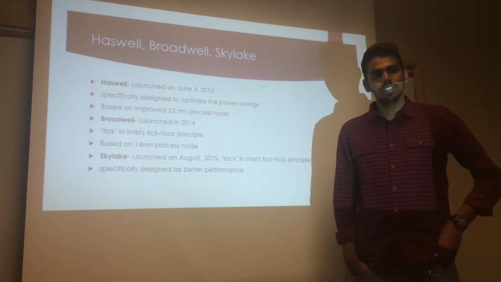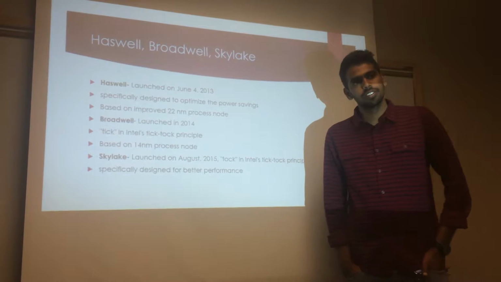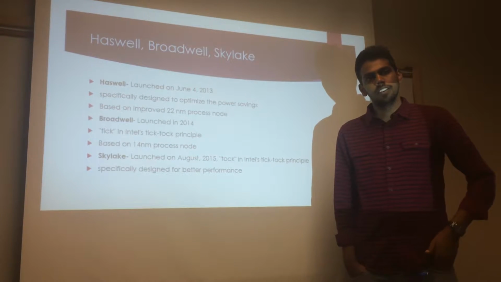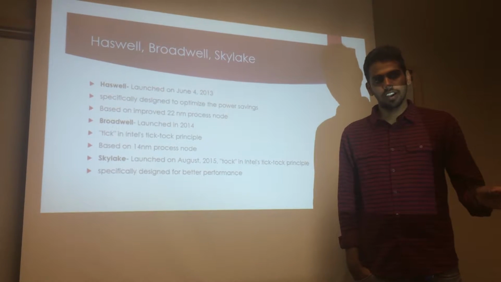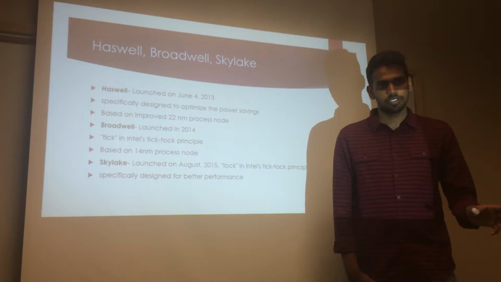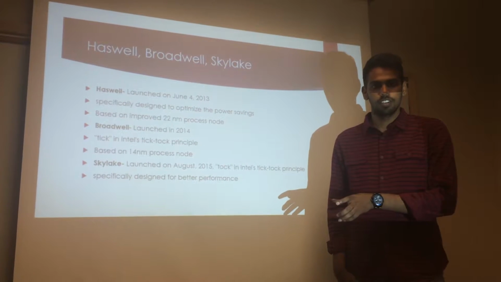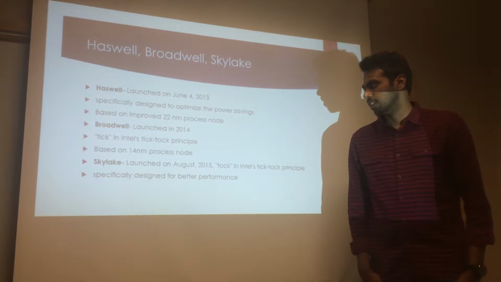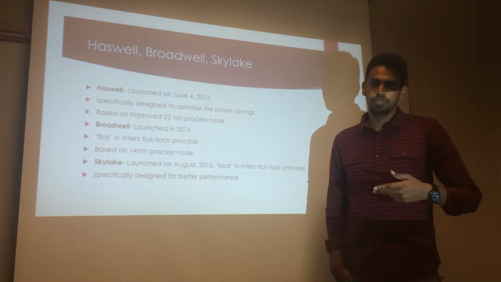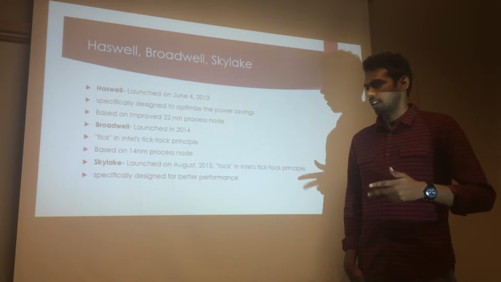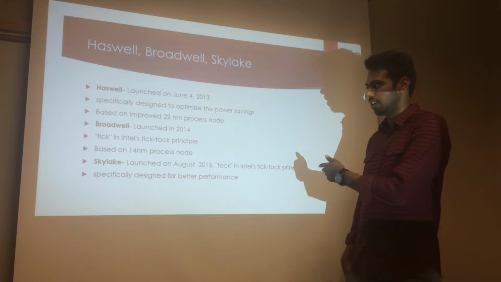So if you consider two important factors in defining a processor, it's speed and power. A processor should be as fast as possible with lesser power consumption. Broadwell and Skylake are two processors which were referred to as TIC and TOC of Intel's releases.